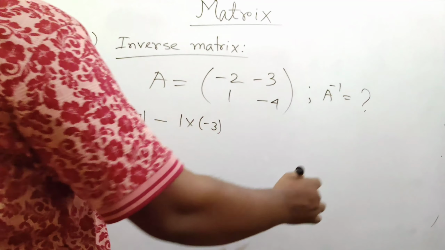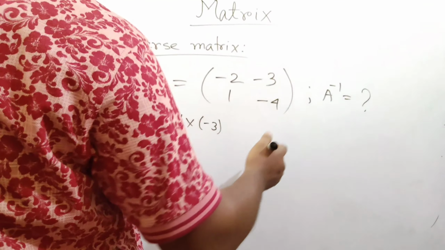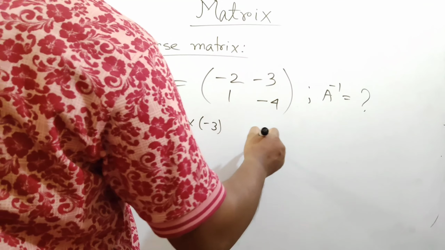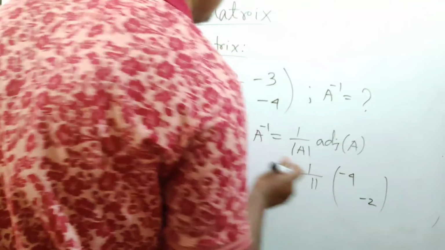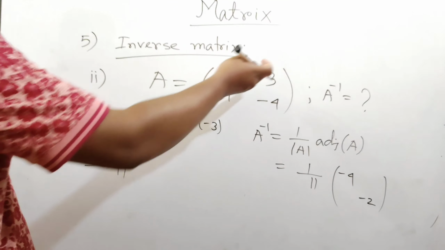Okay, now when you find A inverse, A inverse equals 1 by determinant of A times adjoint of A. Here the determinant of A is 11. Now here is the trick for the adjoint: you just exchange the first diagonal, that is negative 4, negative 2, and then change the sign of the second diagonal.